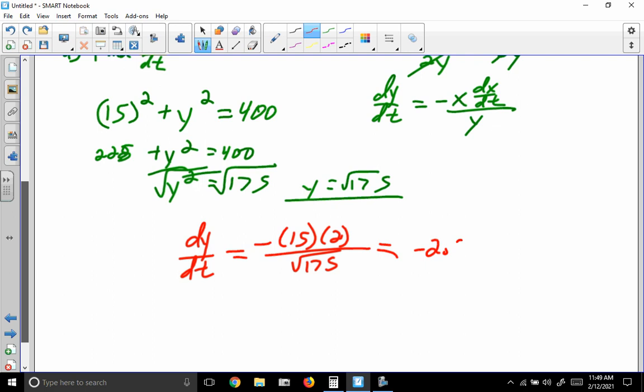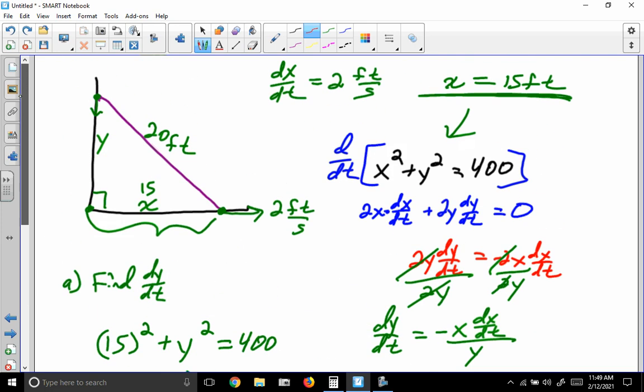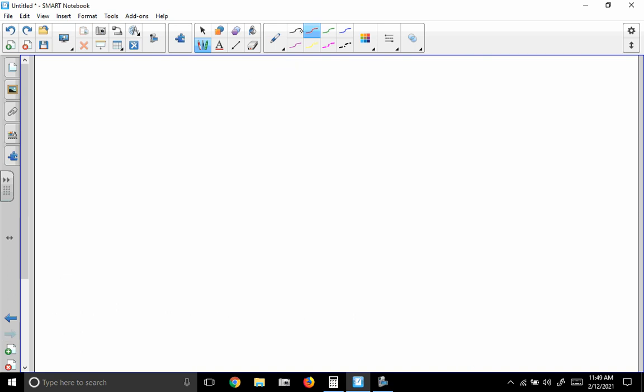Negative 2.27. Y, that's the height, that's in feet, and our time component is seconds. So that's how fast the top of the ladder is sliding down the wall at the moment that the base is 15 feet from the wall. So let's answer another question about this picture.